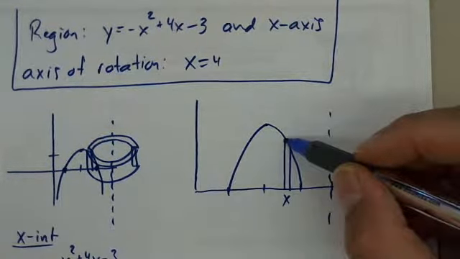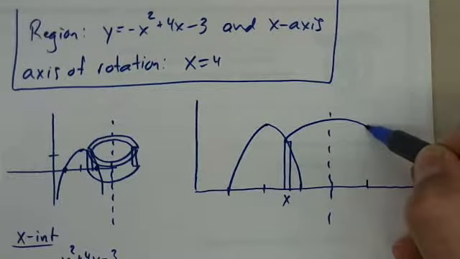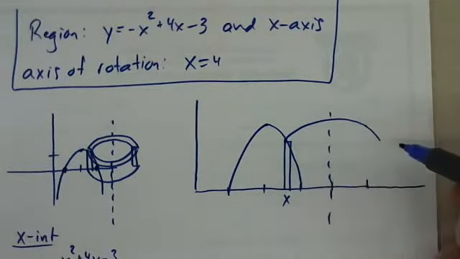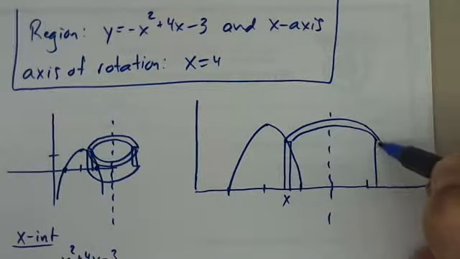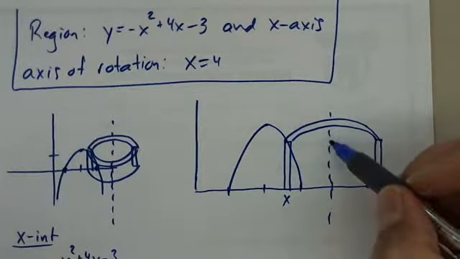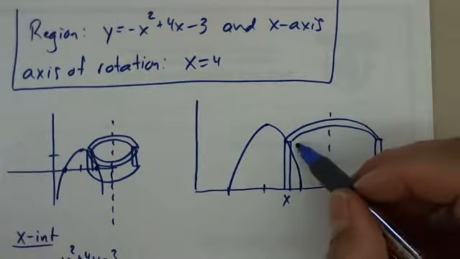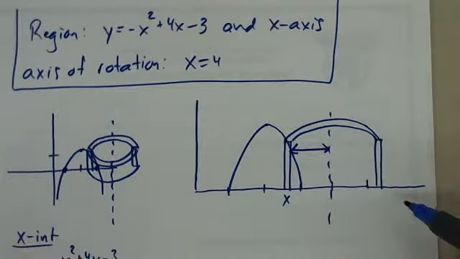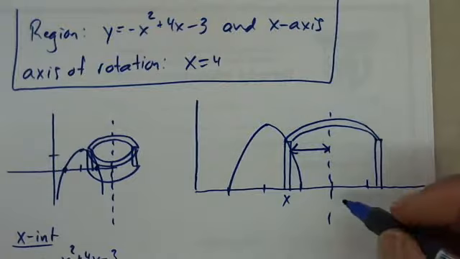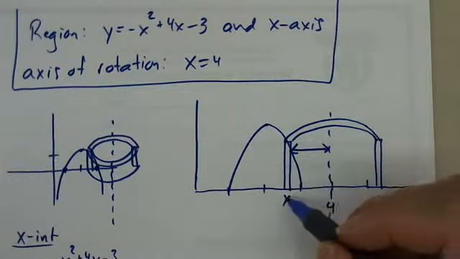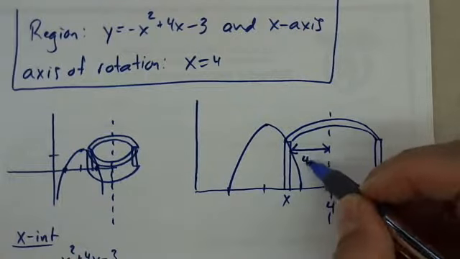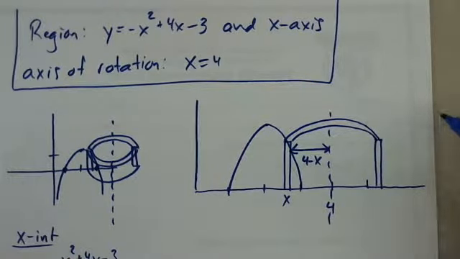Then we need to find the radius. So the radius is a horizontal distance, and we know this is 4, so the radius is right minus left, and that's just going to be 4 minus x. And then we have the height.